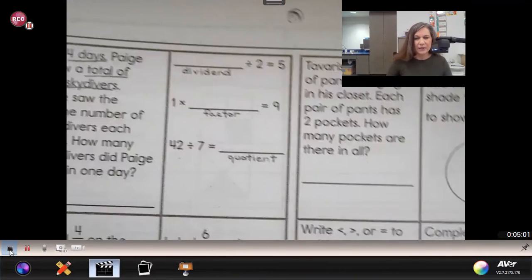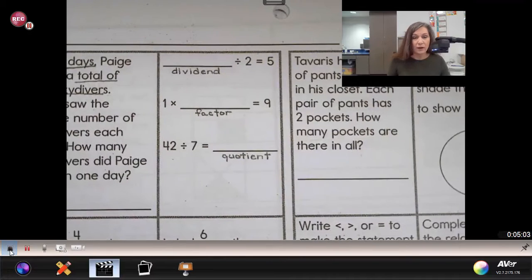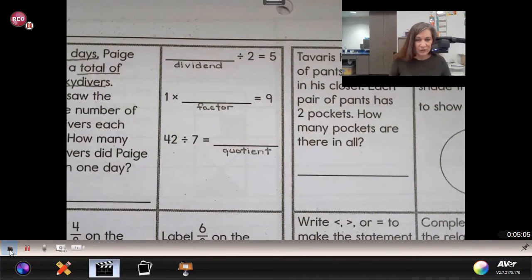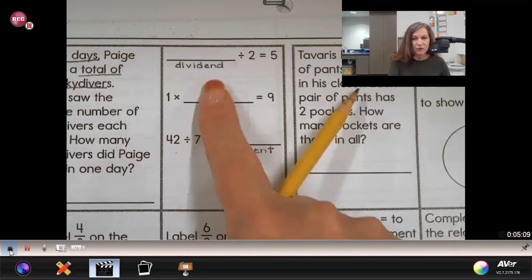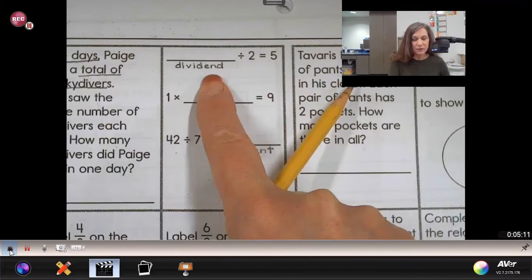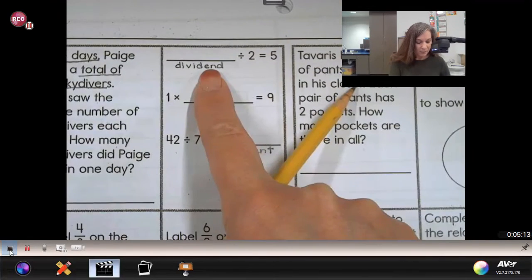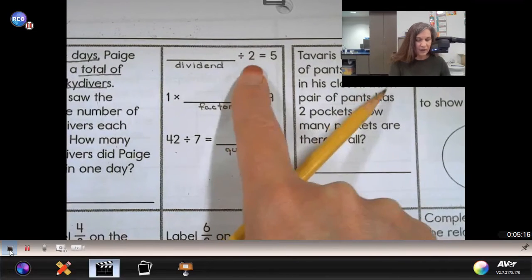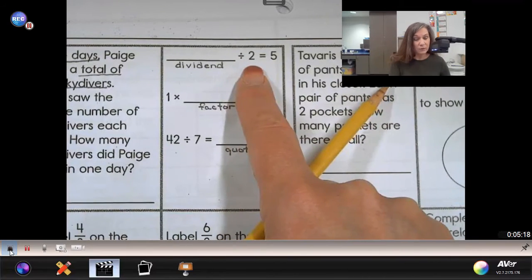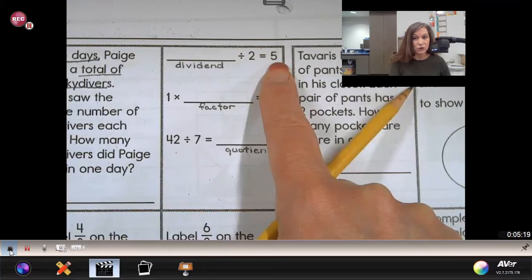These are missing parts of a division or multiplication equation or number sentence. Our first problem is missing the total number of objects. We don't know how many objects were divided up into two groups, but we do know how many were in each group.